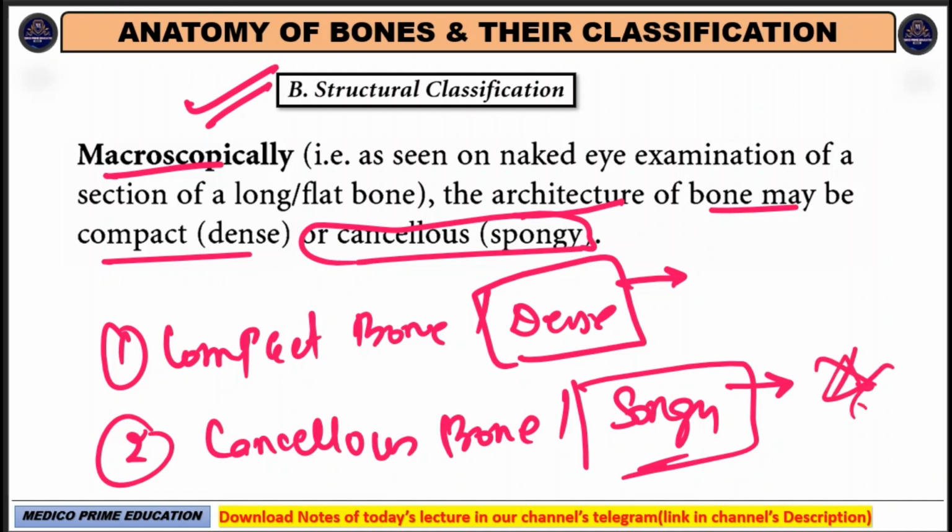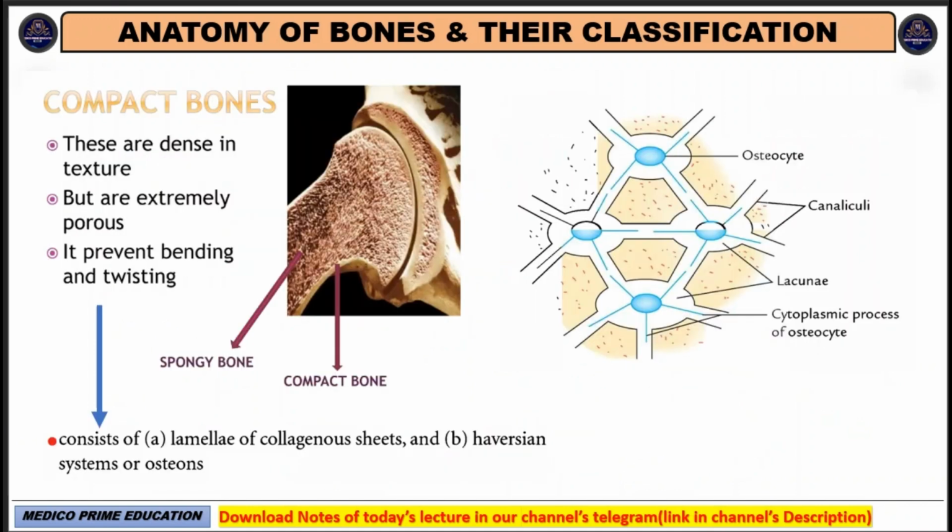You can see this macroscopically, not microscopically. In this diagram you can appreciate that this is the compact bone, and this is the cancellous bone, also known as spongy bone.